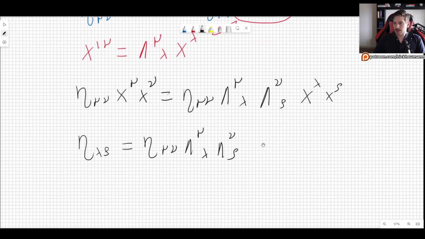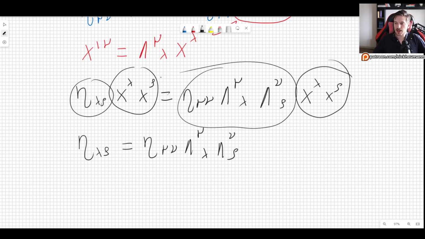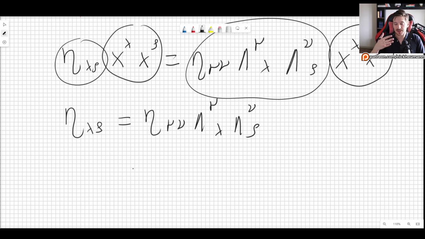Okay. So this, of course, assuming that we already changed our indices here, right? So this is lambda rho x lambda x rho. So of course you can see that those are already the same. So we need this to be equal to all of that. Now this is already a very important condition, right? This has to be true for something to be Lorentz invariant.